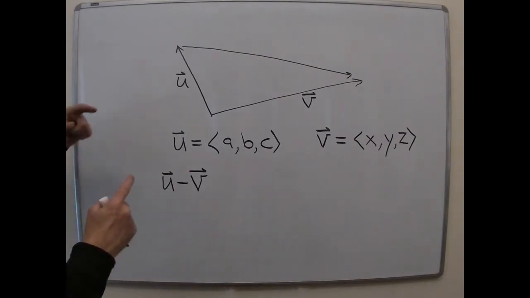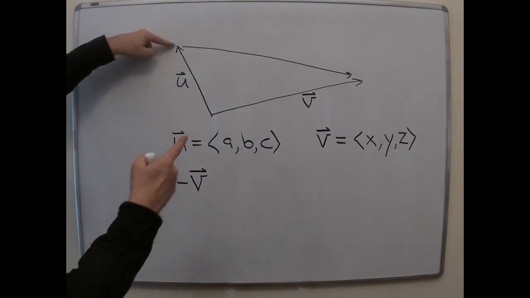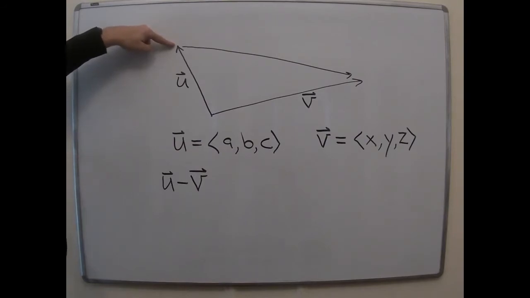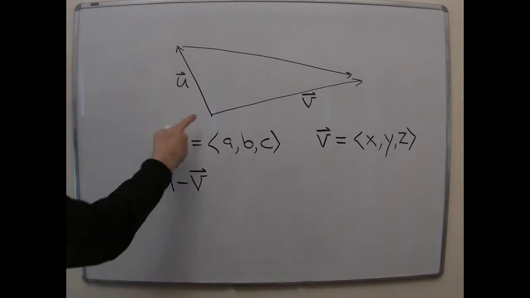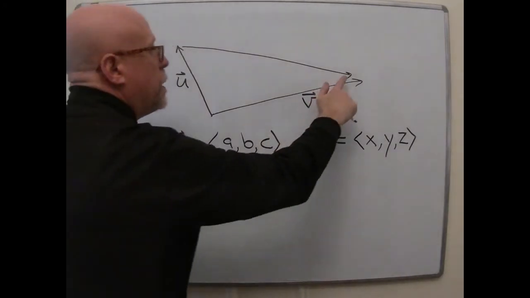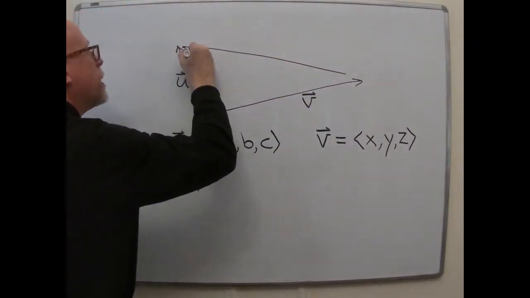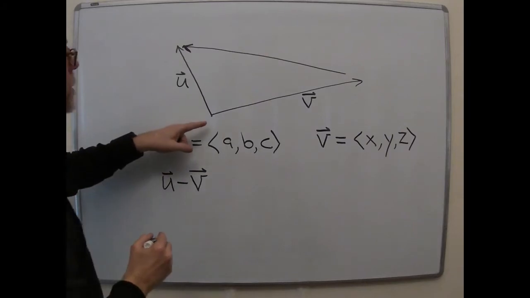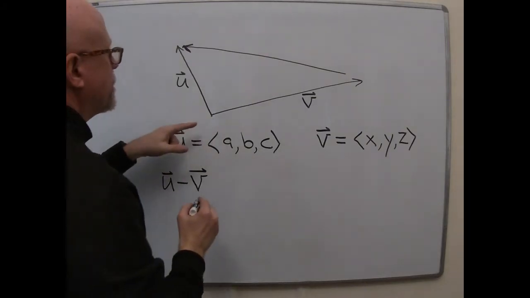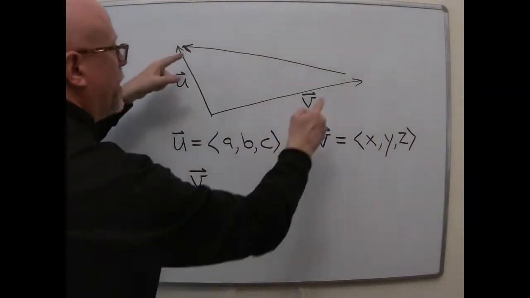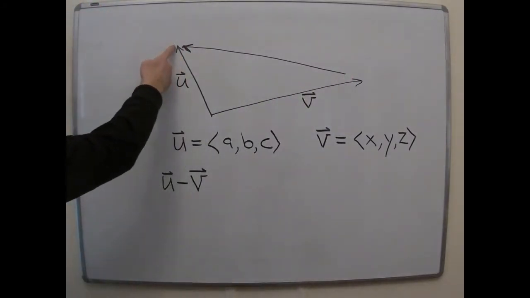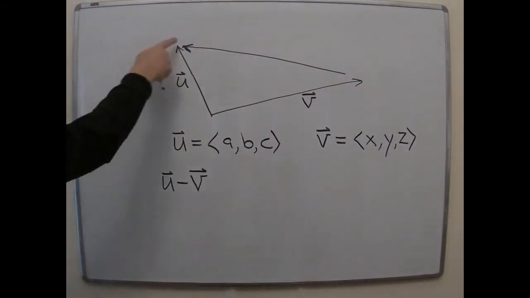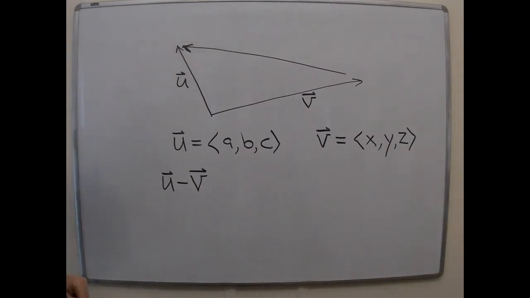That's like adding to U the negative of V. Negative of V is this way, plus U, that would end up about here. I think that's the opposite direction. All right, so if I orient this guy with the tip at that way, is that U minus V? Yeah, well, it is. Just slide it over here and you'd see that it's U minus V. There's a parallelogram out here that goes off the edge of my board.